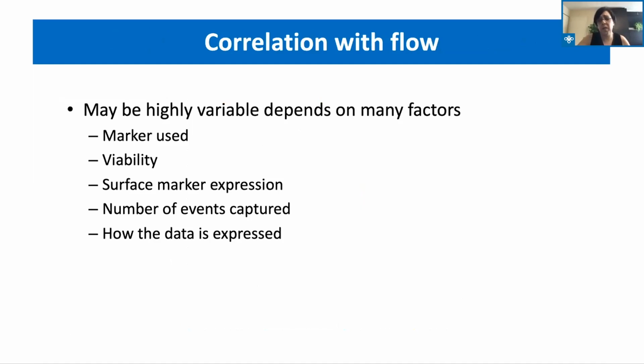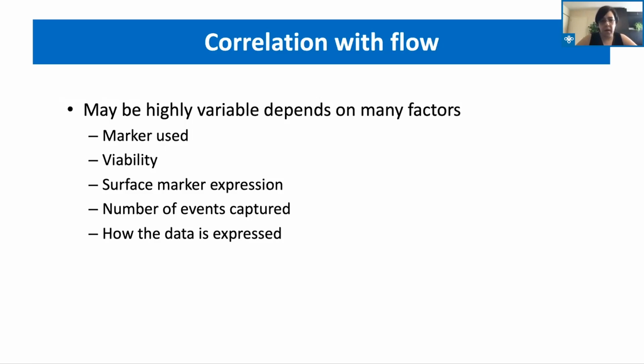The concordancy is usually high in terms of detecting disease or not, but the actual correlation in the level of disease with flow can be highly variable, and it depends on many factors: the different markers that are used, the viability of the sample, the surface marker expression, the number of events that are captured, and also how the data is expressed.